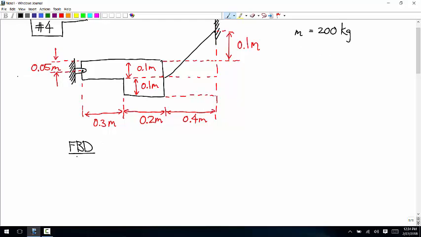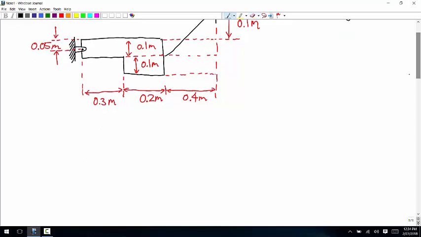Well, maybe before I do that, let's calculate the centroid, because we're going to need that centroid to calculate where the weight force is applied. And let's put our coordinate system right here. That's also a good place to put the about point, and sometimes it simplifies things if your origin and your about point are at the same spot.